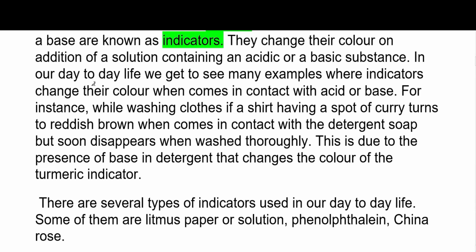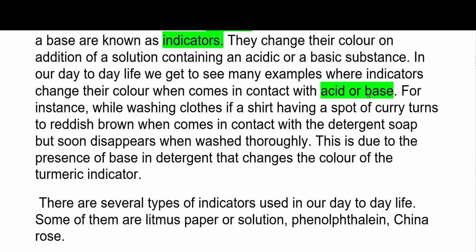In our daily life we get to see many examples where indicators change their color when they come in contact with acids or bases.